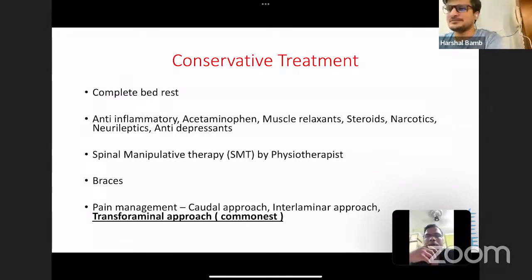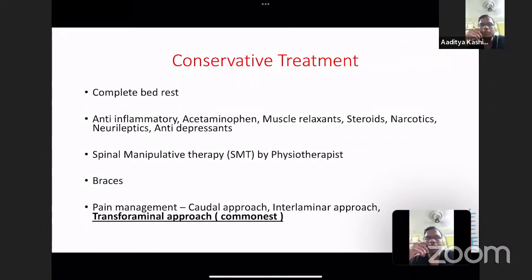Please carry on. Okay. So as we already discussed, Dr. Nene has discussed the far lateral disc seen on the MRI. So we'll come to the conservative line of treatment. Usually we advise complete bed rest for these kinds of patients, supplemented with anti-inflammatories, acetaminophen, and muscle relaxants.